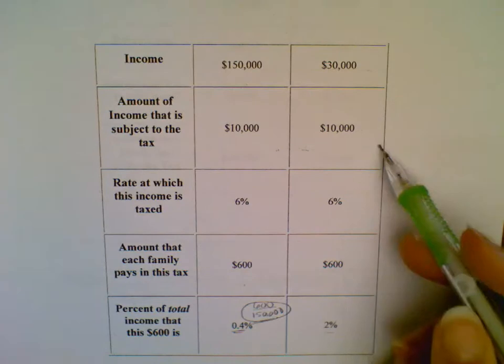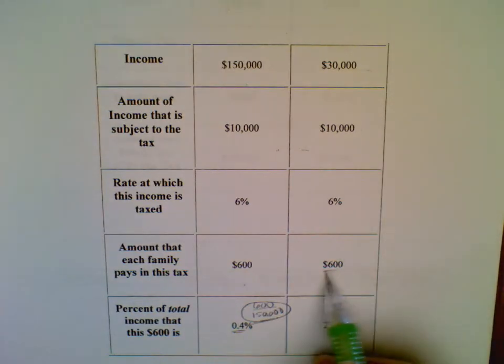But this family here paid the same dollar amount, but when we divide it by their income of $30,000, it's actually 2%. So before in the example, the person making a higher income paid a higher percentage of their total income towards that tax.